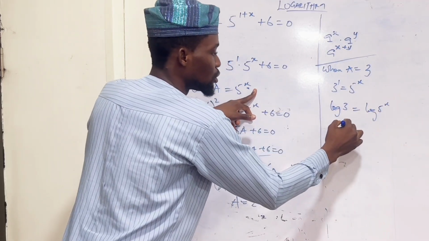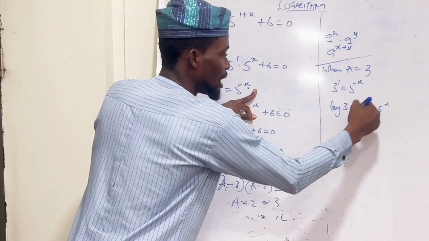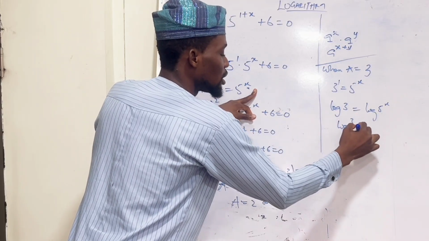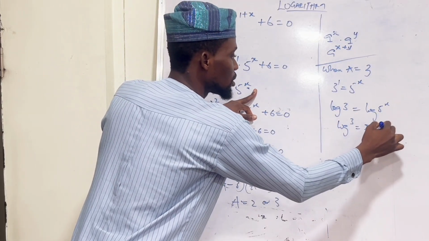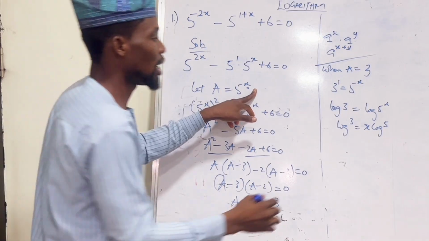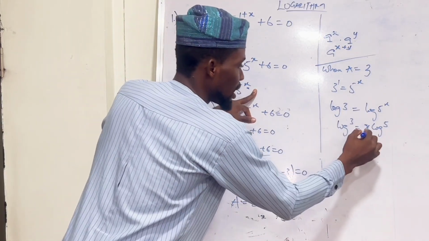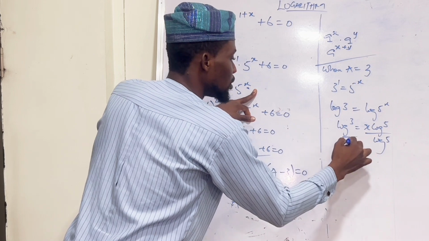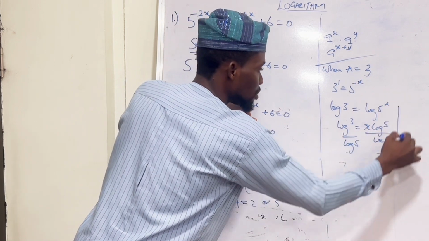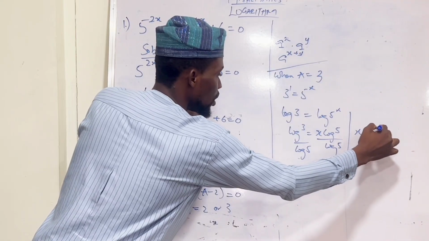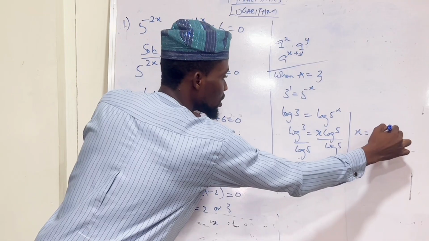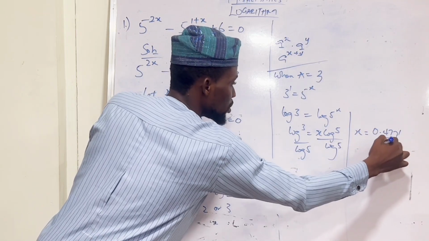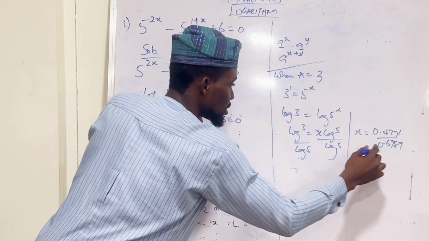At this point, this becomes log 3 equals x log 5. And to get my x, divide both sides by log 5, leaving my answer to x equals 0.4771 over 0.6989. Whatever you get, that's the value.